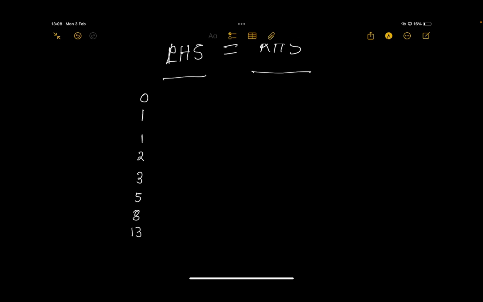We will convert this to a polynomial, f of x. If you evaluate f of x at 0, you get 0; if you evaluate at 1, you get 1. This is the interpolation that we all know.